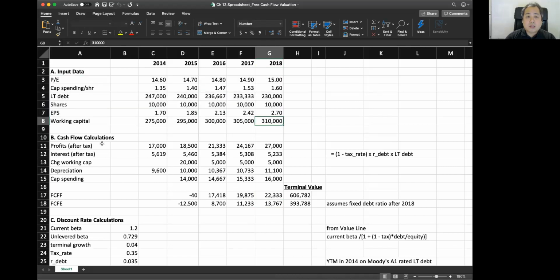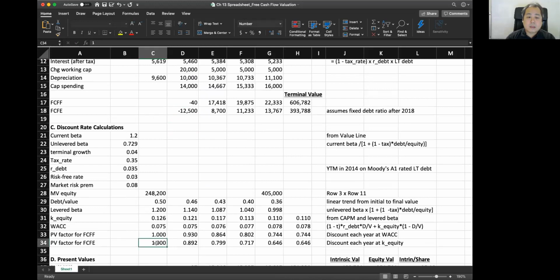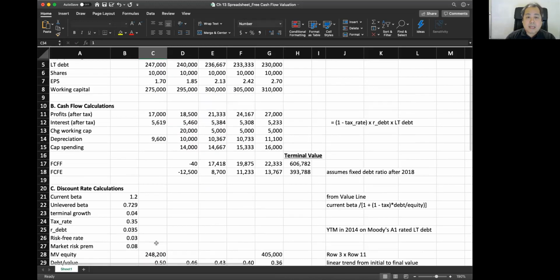And you can calculate the free cash flow for the firm first. The profit here is 17,000. So you estimate these profits, 14, 15. So I think the 14 is the current year, and from 15 is basically the next year, right?